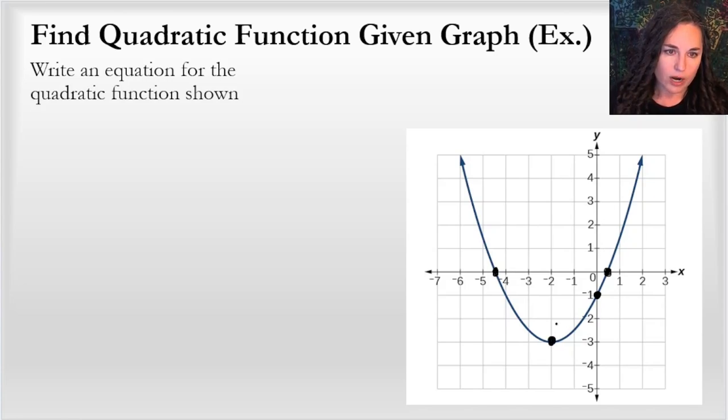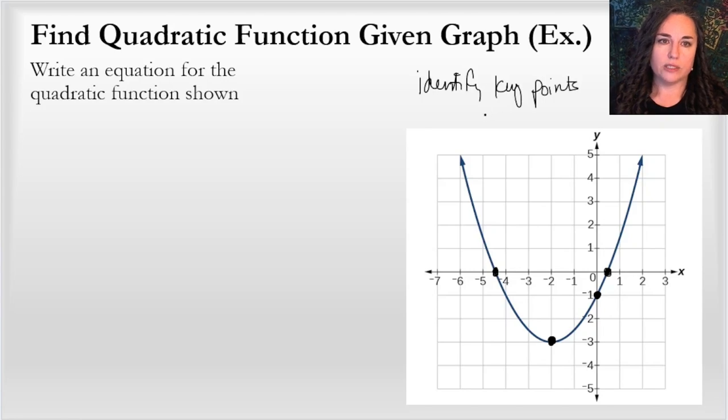So when I'm given a graph, maybe what you're catching on from me is that when I look at a graph, I'm identifying key points. All right, identify key points. Those are the intercepts, and those are the inflection points, minima, maxima, important points.